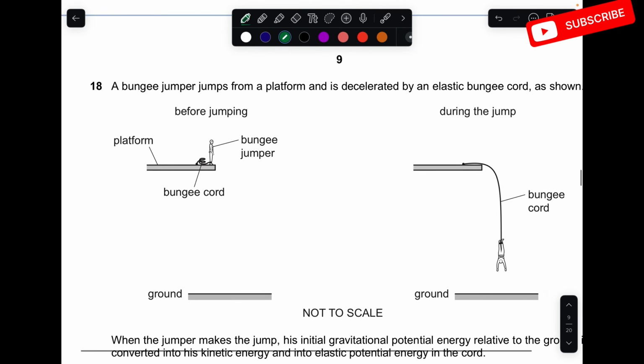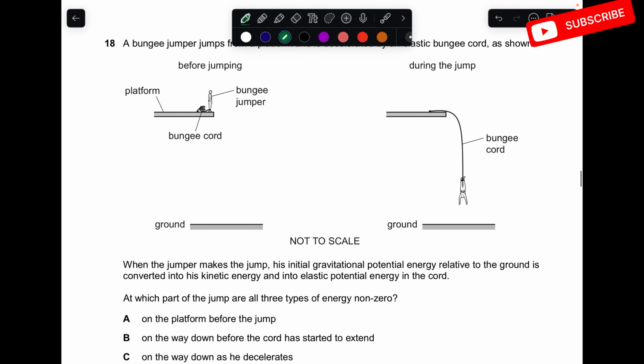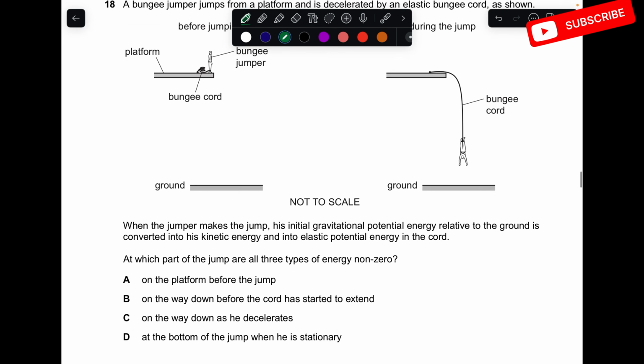Question 18. A bungee jumper jumps from a platform and is decelerated by an elastic bungee cord as shown. When the bungee jumper makes the jump, his initial gravitational energy relative to the ground is converted into kinetic energy. At which part of the jump are all three types of energy non-zero? On the platform before the jump, no. Before the jump, the kinetic energy is zero and the elastic potential energy is zero.